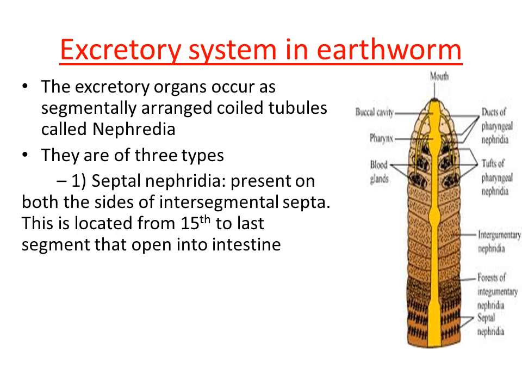Septal nephridia are located from the 15th segment of the body till the last segment, and the tube-like structure of the nephridia here opens into the intestine. Intestine is a part of the digestive system, understood? So the tubular connection of the nephridia in the septal region opens into the intestine.